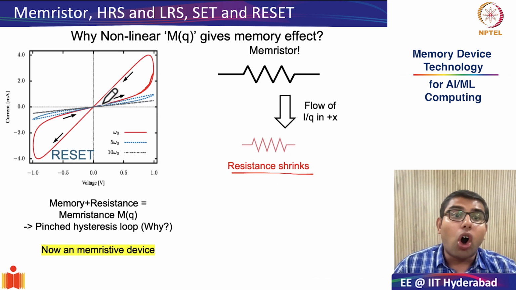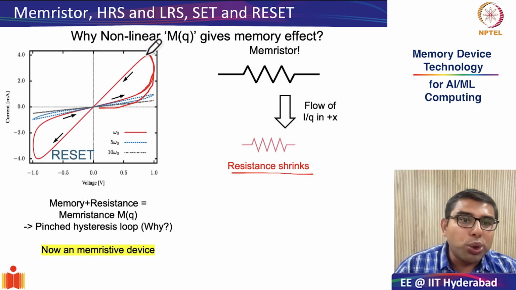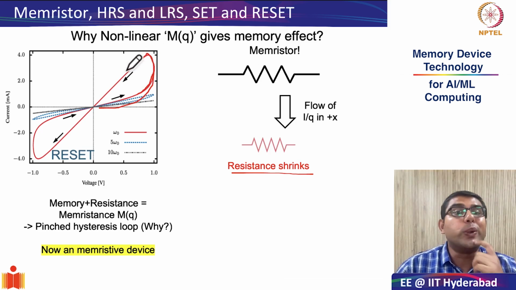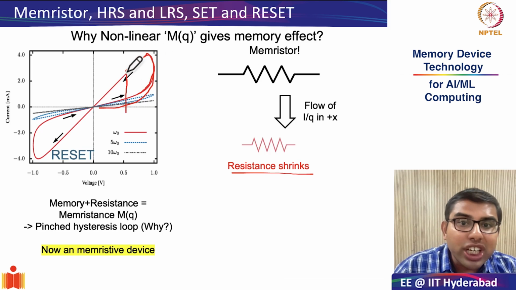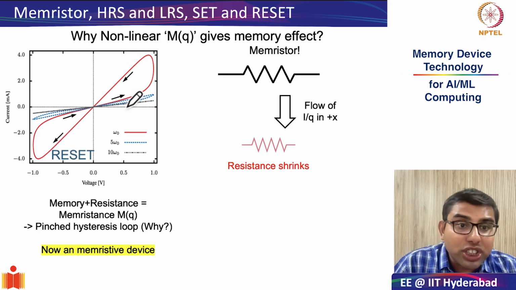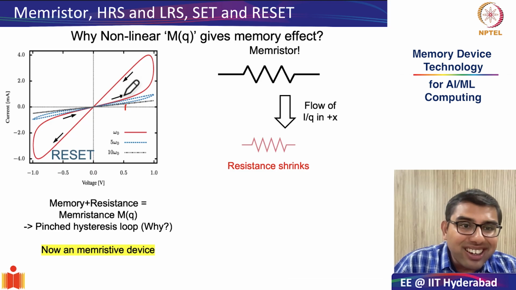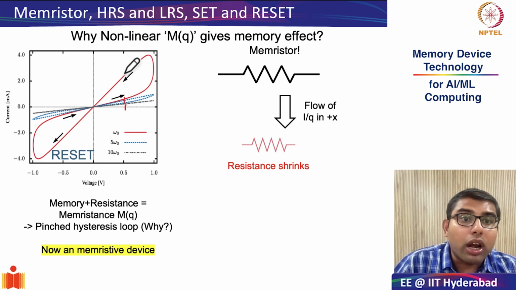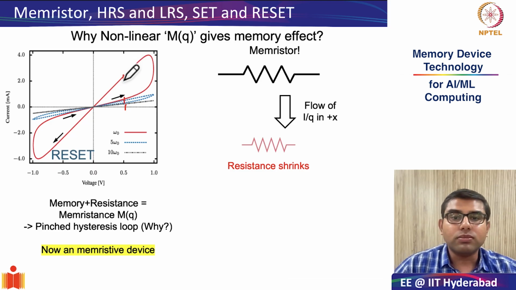And therefore, on the way back, because the resistance is reduced, for the same voltage, you are getting much higher current. For the same voltage, which is on the x-axis, earlier you had a small current, now you have a larger current.